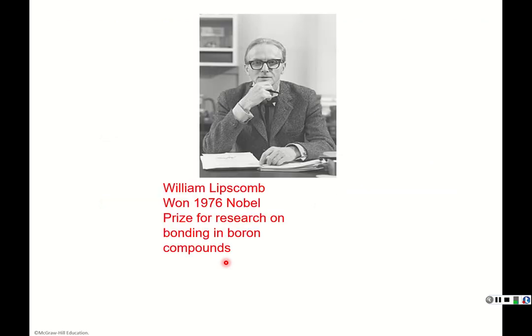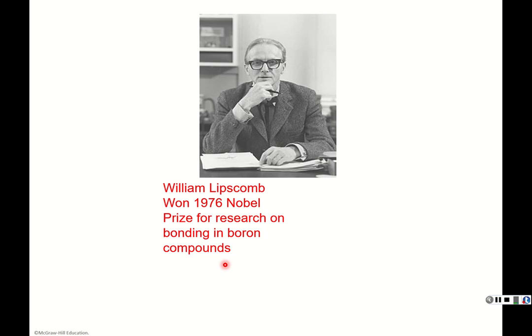Right? And so a man named William Lipscomb actually won the 1976 Nobel Prize for research on bonding in boron compounds. And I've shown this slide before. So if you were in my class first quarter, you probably saw this in a lecture about Linus Pauling and valence bond theory.